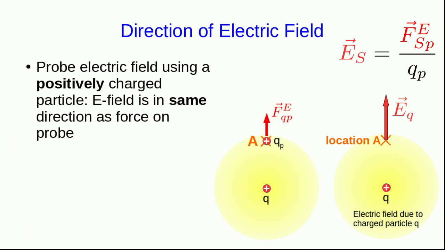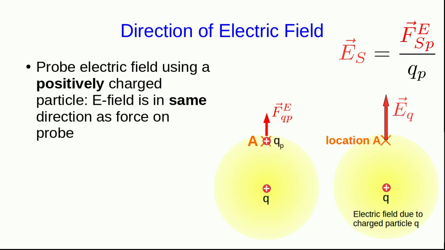I'm going to finish up this video lecture by drawing your attention to the direction of the electric field. In all the examples I've done, I've used a positively charged probe particle. And so the E field ends up being in the same direction as the force on the probe particle. That makes sense from the definition.